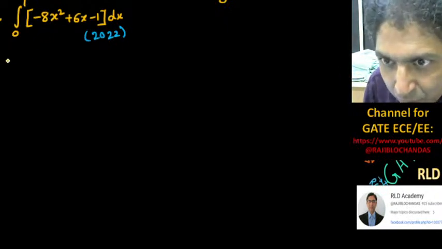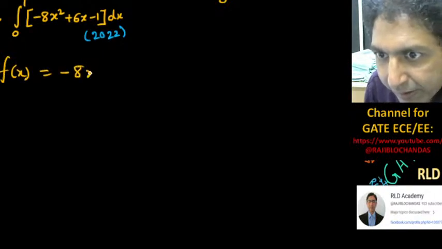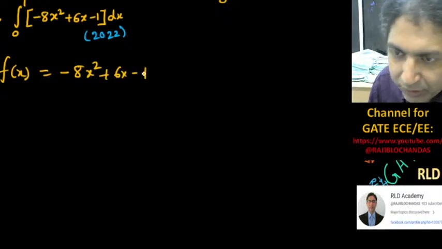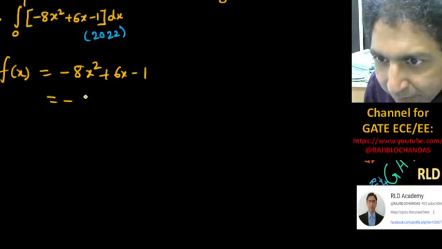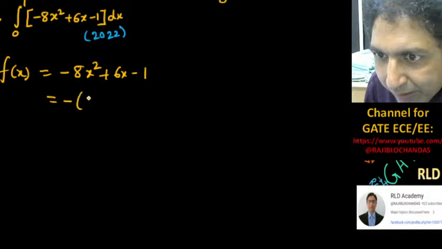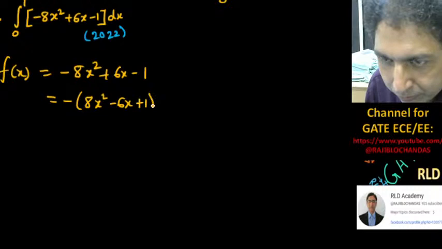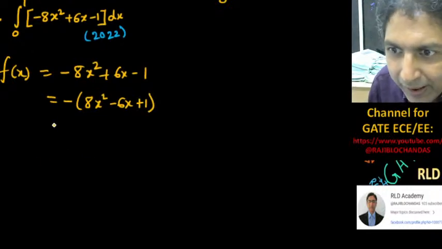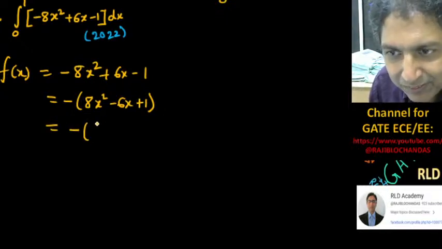So if I consider one function f of x is minus 8 x square plus 6x minus 1. Can you draw this function? Okay, so this minus I can take common, and this is 8x square minus 6x plus 1. Is it okay? And this one we can have factors.